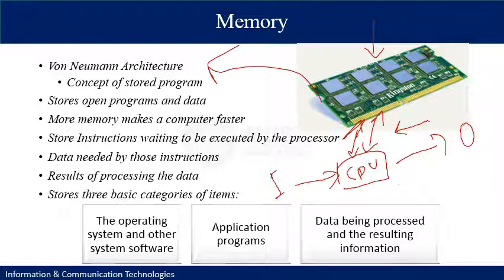For example, once you provide the input, or if you read input from some storage device, this input is transferred to the memory, and then the CPU reads the instruction from the memory to perform some operation and outputs the result back to the memory, which is propagated to an output device.